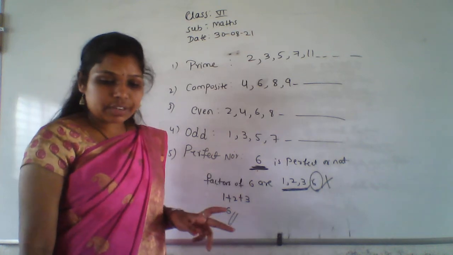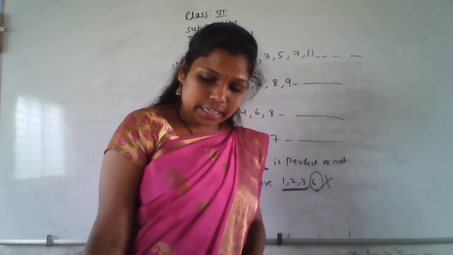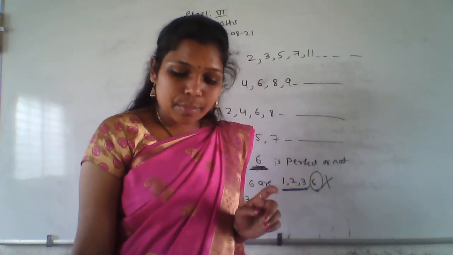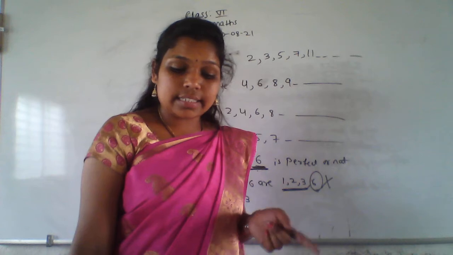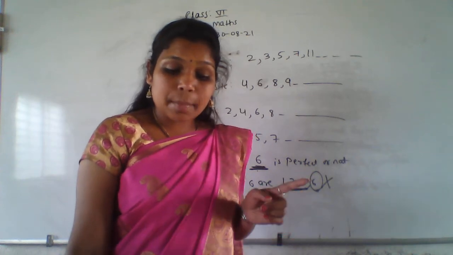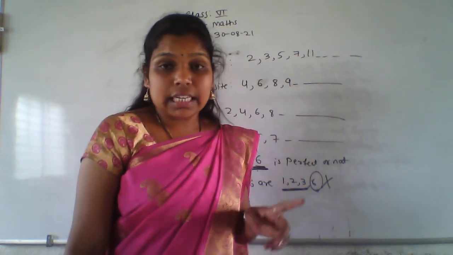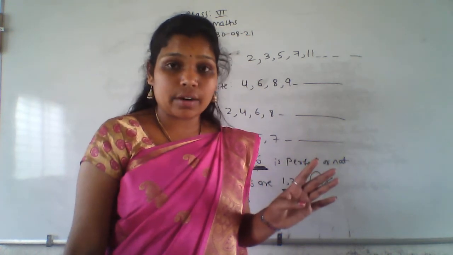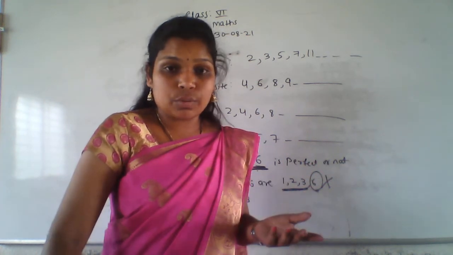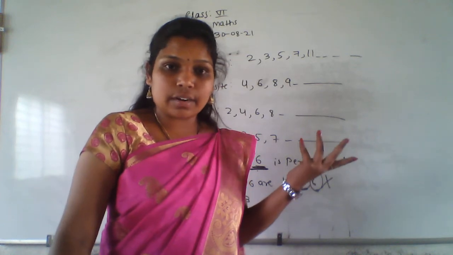Okay? See once again, the sum of its factors other than itself is called a perfect number. If a number is n in general, whatever may be the n value, 1, 2, 3, 4, like that.